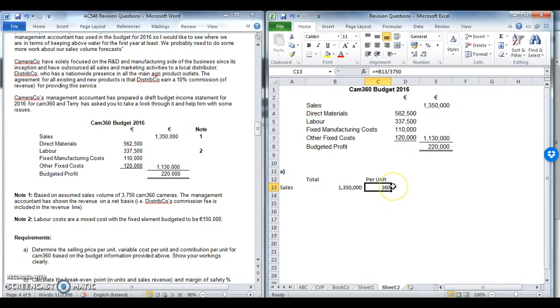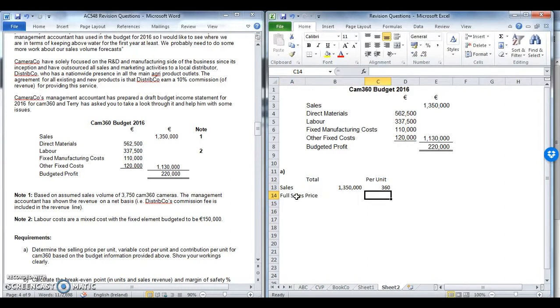However, and this was one of the tricks and important in the question that you be aware of, that is actually only 90%. The sales line here, you're told, is shown on a net basis after commission. Commission in reality is a variable cost. It should be shown separately, and it will be important to show separately when we come to the second part of this question, where we're looking at getting rid of our distributor. So the first thing is then full sales price.